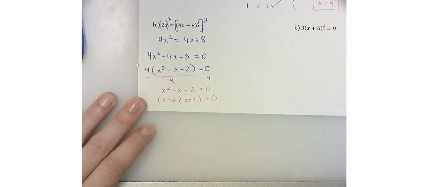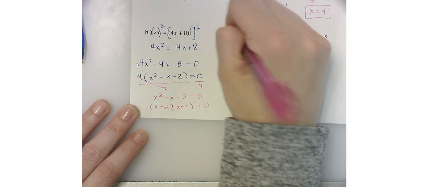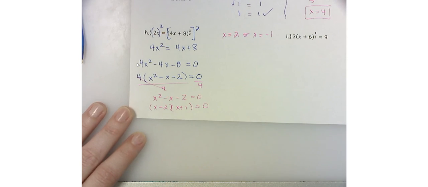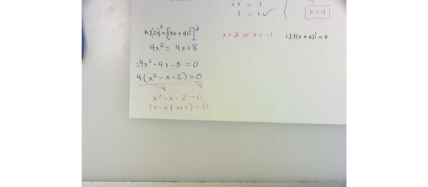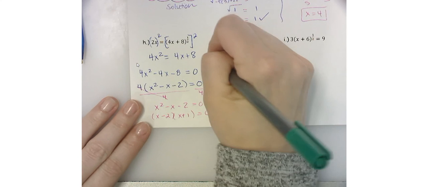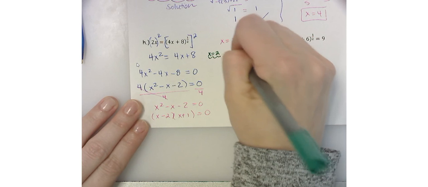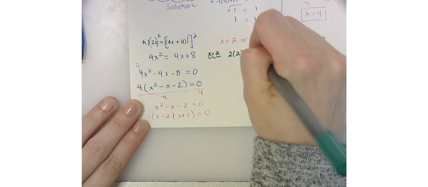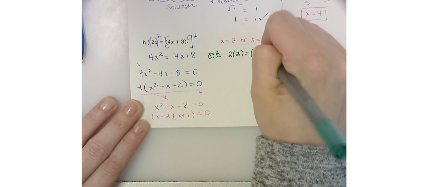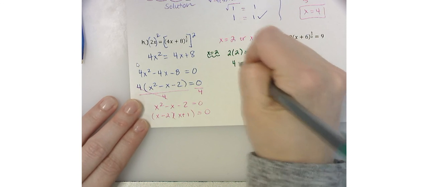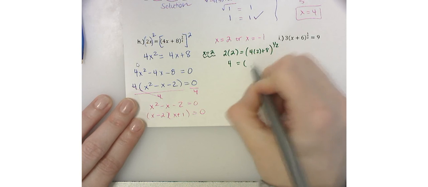And then I'm also going to check x equals negative 1. Okay, so then I have 2 times negative 1 equals 4 times negative 1 plus 8 to the power of 1/2. So this is negative 2. I have negative 4 plus 8, which is going to be 4.